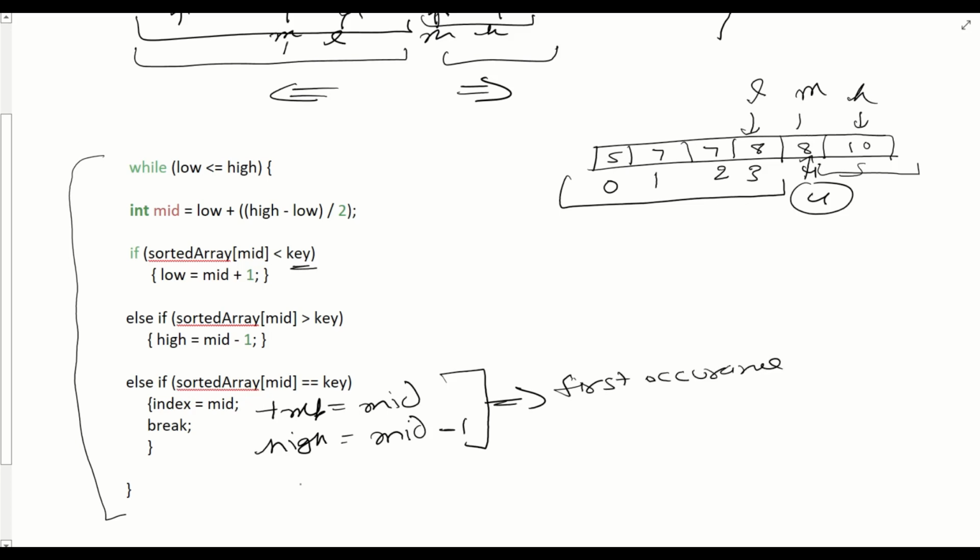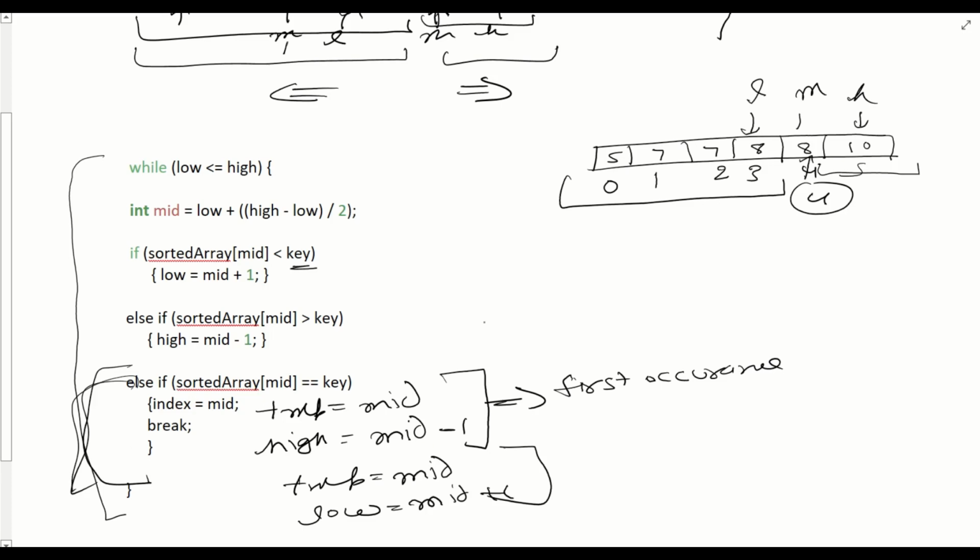For the last occurrence, we'll again take the mid variable, and then we will start searching in the right part, with mid plus 1. So these two changes we need to make just to perform the first and last occurrence. Here is the last occurrence, right? So let me write it on LeetCode, and then we can see it there.